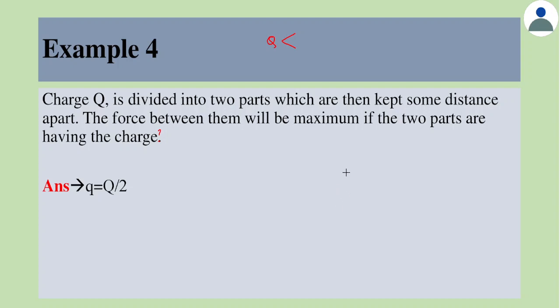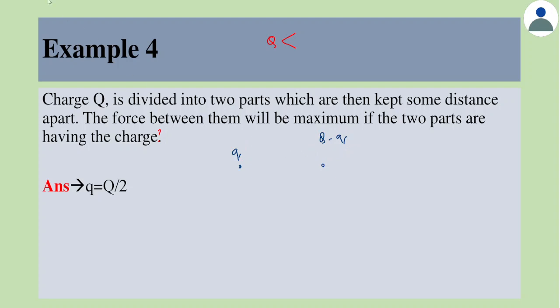Now recall that to find the maximum or minimum, we need to find its differential. Now here, let one charge be small q. So if one charge is small q, then the remaining charge will be capital Q minus small q, so that the sum of these two would be capital Q only.